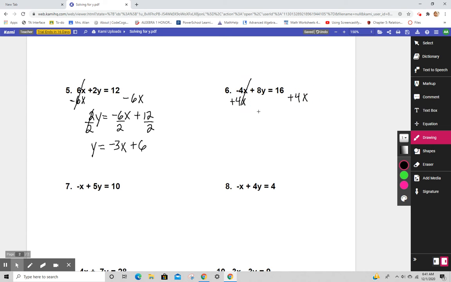You end up with 8y here equals 4x plus 16. And then just divide through by 8. So have y equals, well, 4/8, that's the same thing as 1/2. 1/2 x, and 16 divided by 8, that's 2.